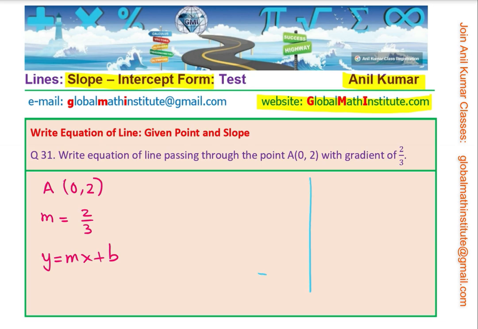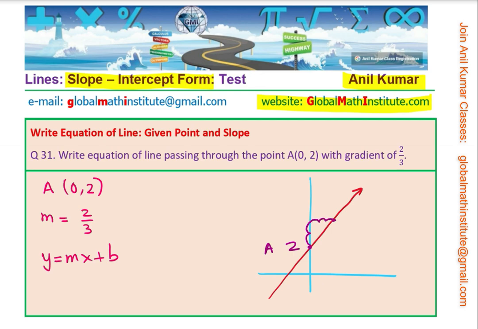In case you want to sketch this particular line, you know that the line has a slope of 2 over 3 and it goes through the y-intercept 2. So the line is kind of like this, where this point here is point A, which is the y-intercept 2, and 2 over 3 means you go up 2 units and then 3 units across, 1, 2, 3, and get the line.